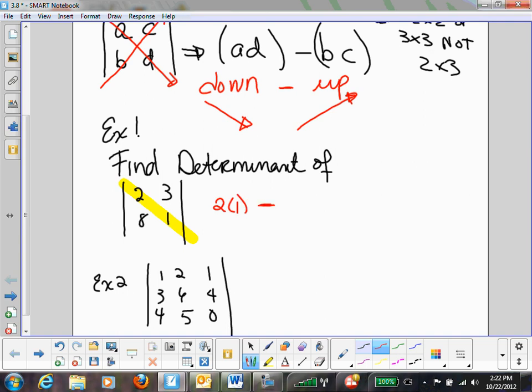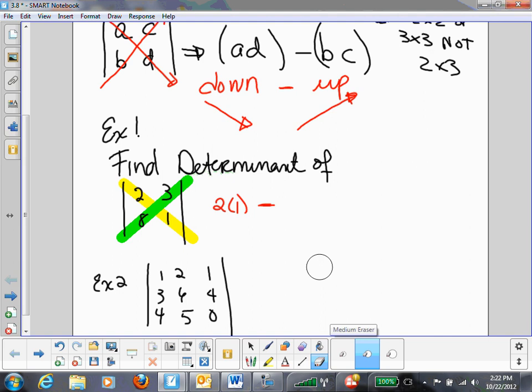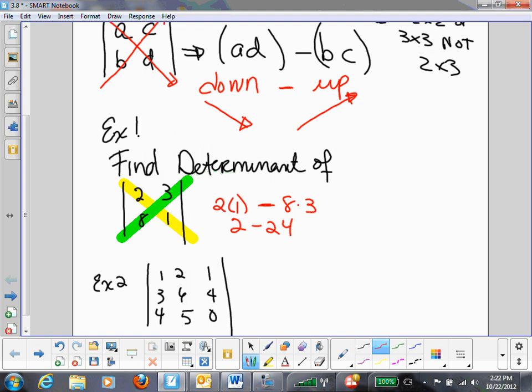And then we're going to subtract, and we're going to go up, 8 times 3. And so 2 minus 24 means the determinant is negative 22. 2 by 2s are really easy because you're simply going down minus up, and you hit every number.